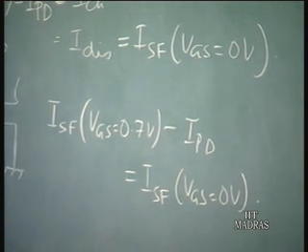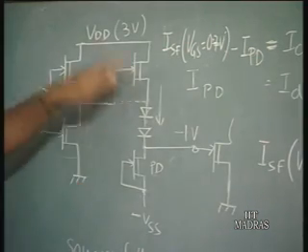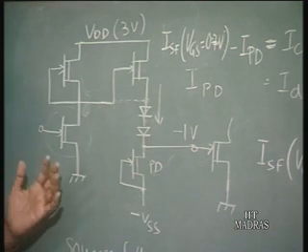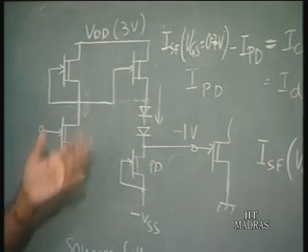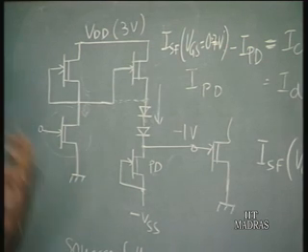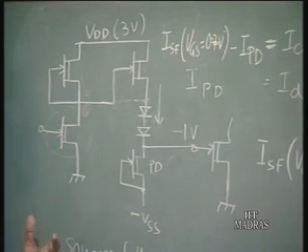So this circuit, by introduction of the source follower here, is a much better circuit, an improvement on that from the speed point of view, because during the switching period you have larger currents to charge and discharge the output capacitances.